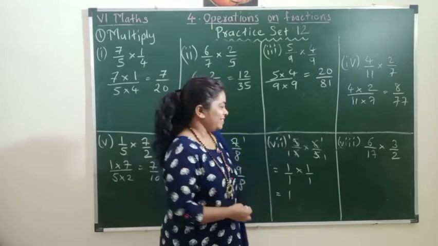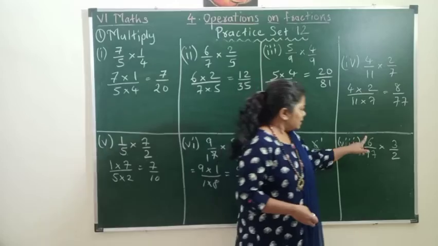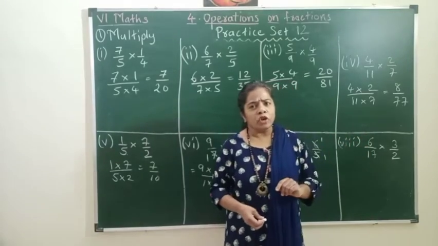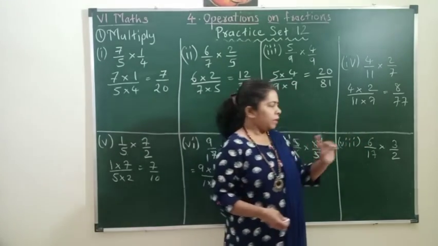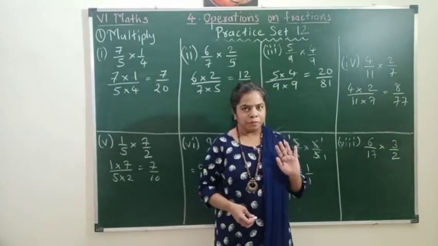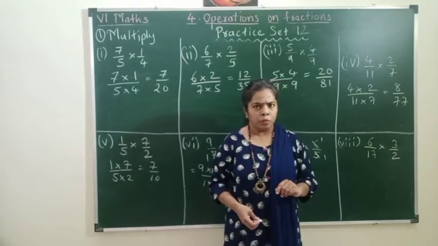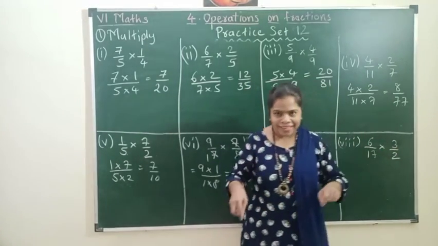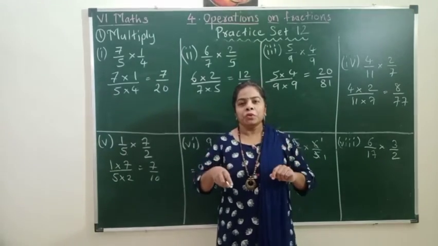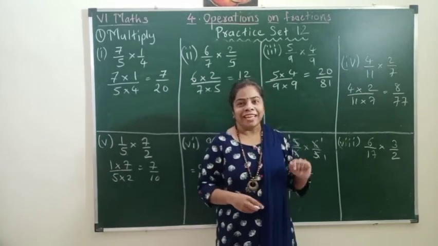Next one. 6 upon 17 into 3 upon 2. 6 and 17. Are they coming in common table? No. 3 and 2. Are they coming in common table? No. 17 and 3. No. 6 and 2. Yes. 2 1s are 2, 2 3s are 6. Same cancellation I will do there.